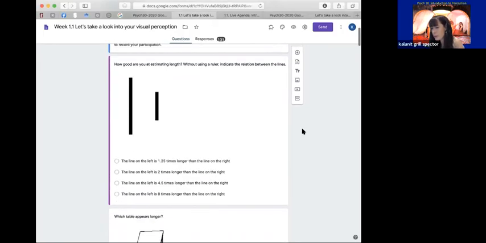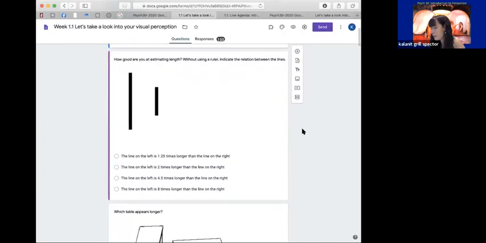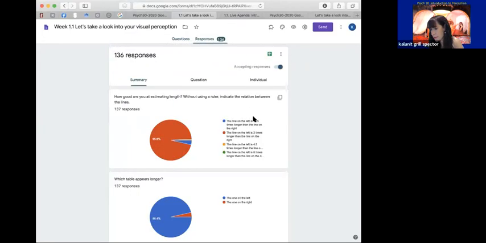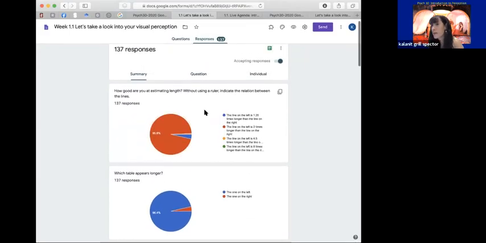The first question we asked you is about lengths: how good are you at estimating lengths without using a ruler, indicating a relationship between the lines. You had various answers, so let's look at the responses, which give you the statistics of the class.